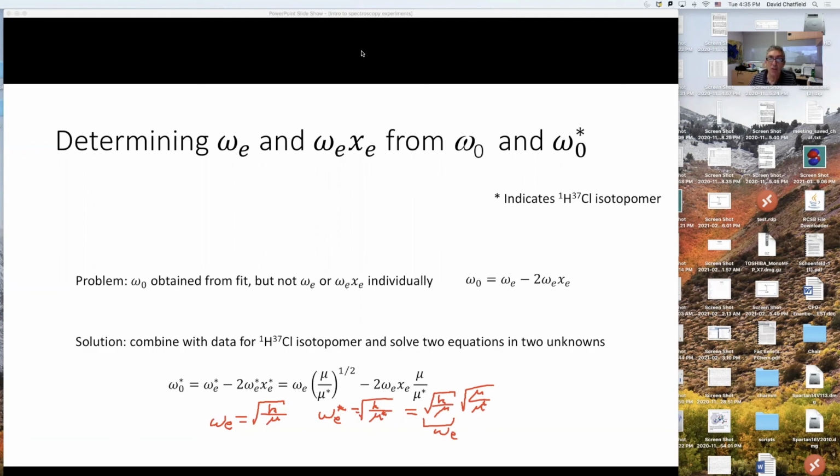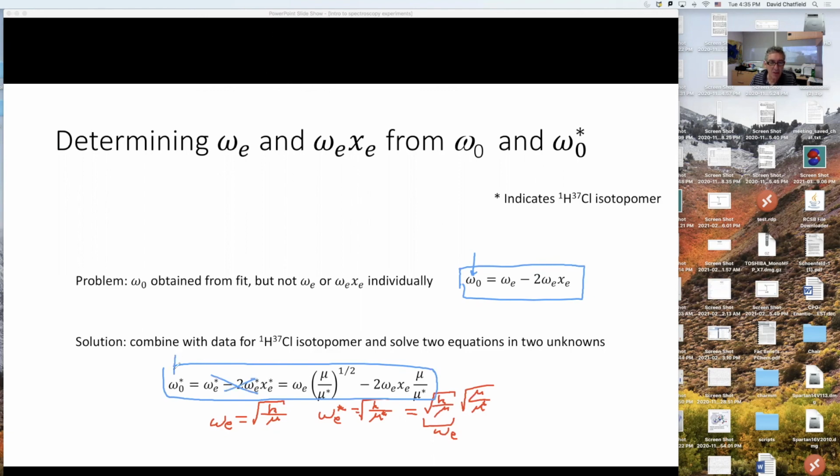And then once you've got that, notice you have two equations and two unknowns. Here's one equation, because this is not an unknown, that's measured from your spectrum. And here's the other equation right here. You don't have to think about this part now.